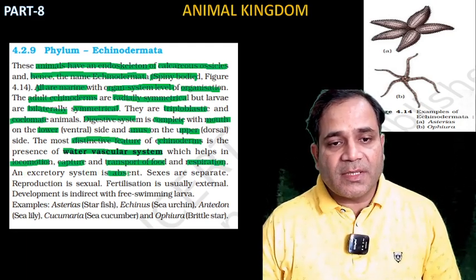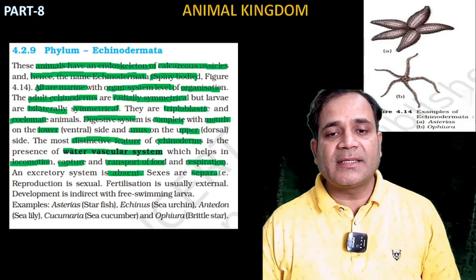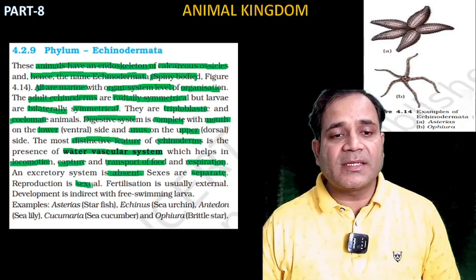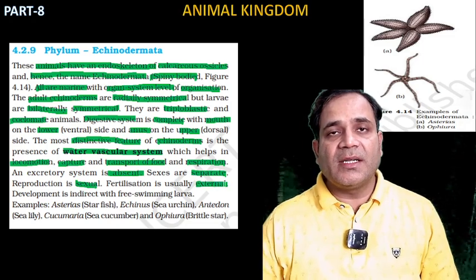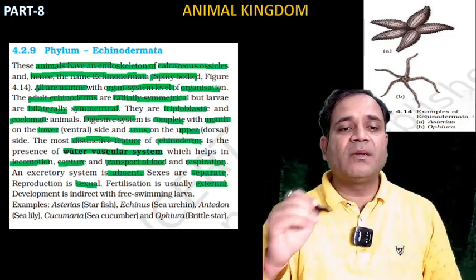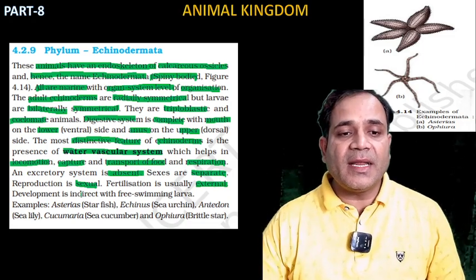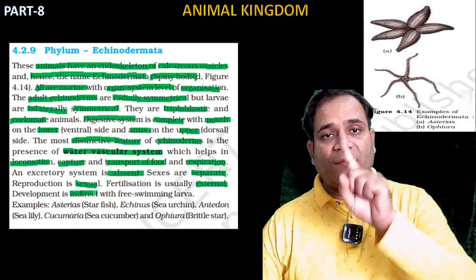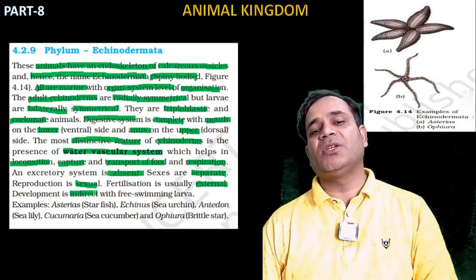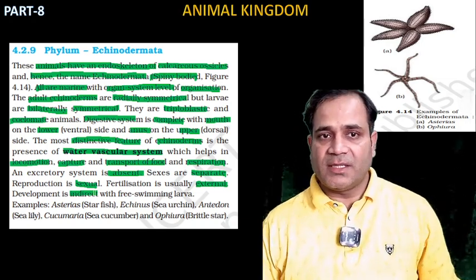No, the excretory system is absent here. Sexes are separate. Reproduction is sexual. Fertilization is usually external, which means fusion of gametes outside the body. Development is indirect: first the larva comes, then it changes into an adult, with a free swimming larva.